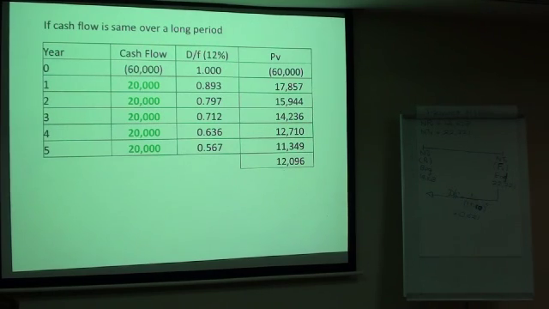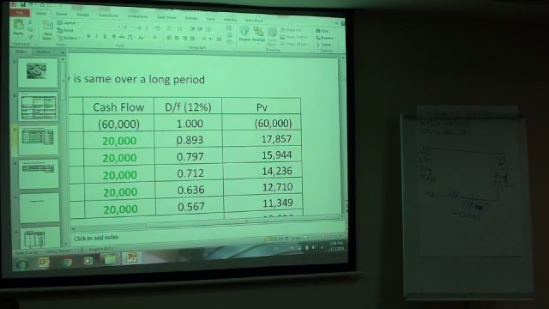So you can take the longer method by taking the discounting factor, in this case 12%, and applying the discounting factor one by one and calculating the present value for each. Or you can take a shortcut, rather than writing this 20,000 5 times over and multiplying it with different numbers.